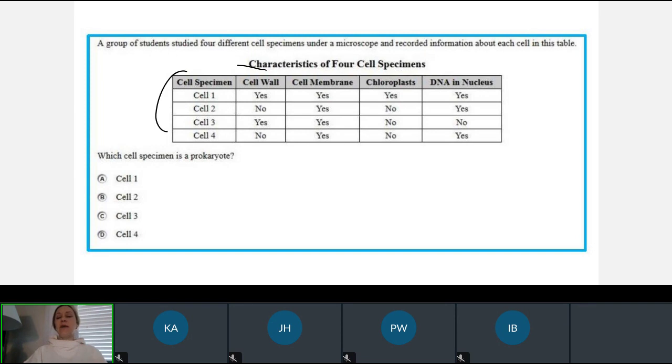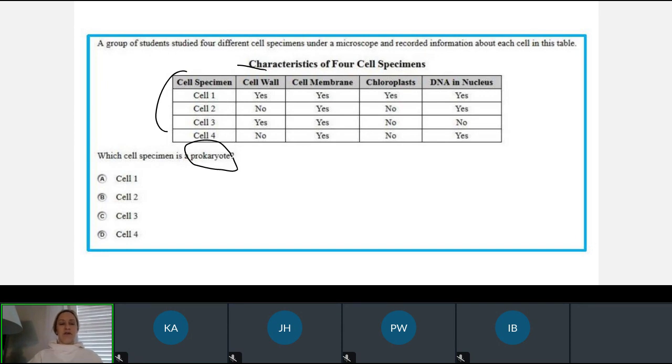What is a keyword in the question? Go to that very last sentence. What cell specimen is a prokaryote? What is a keyword there? Prokaryote. What do we know about prokaryotes? No nucleus. All right.